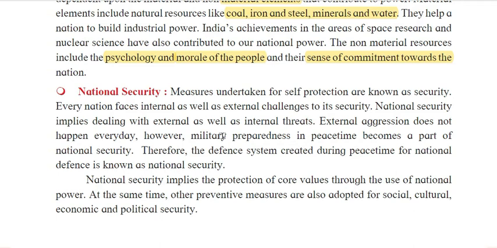That external aggression does not happen every day. Okay, it does not happen every day, but military preparedness in peacetime is very essential to tackle that aggression, because when it happens it is unpredictable.